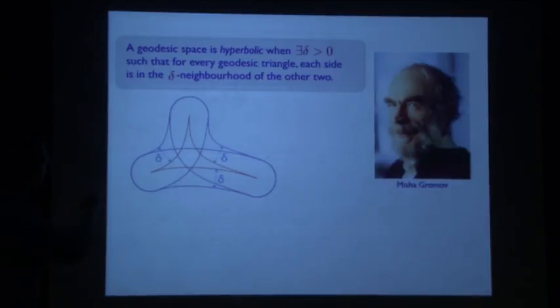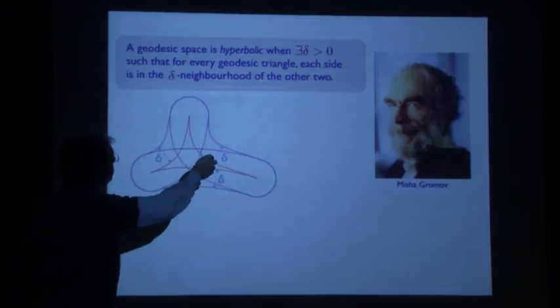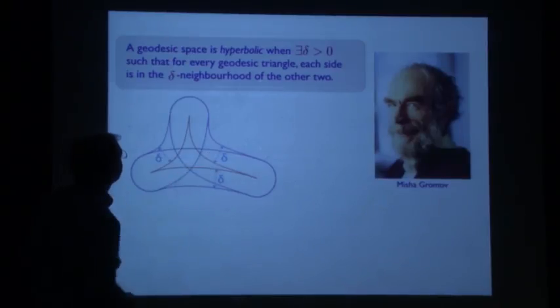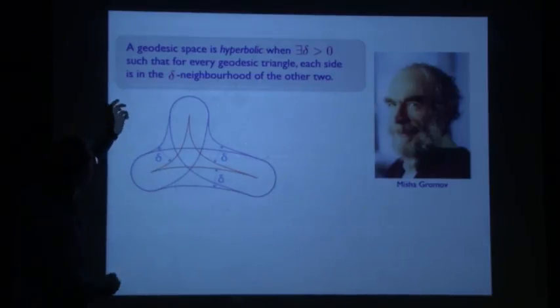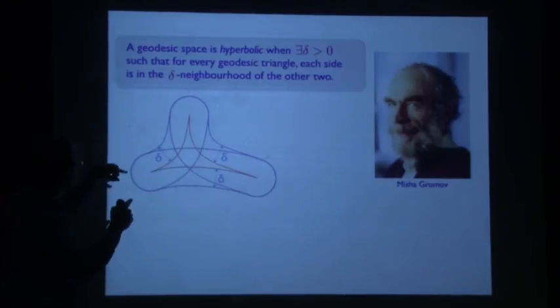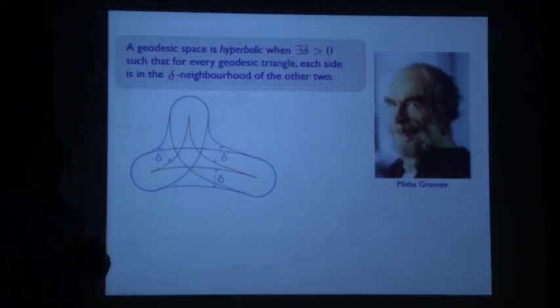A geodesic space is hyperbolic when geodesic triangles are thin. More precisely, when there exists a delta greater than 0, such that every geodesic triangle has the property that each side of the triangle is in a delta neighborhood of the union of the other two sides.